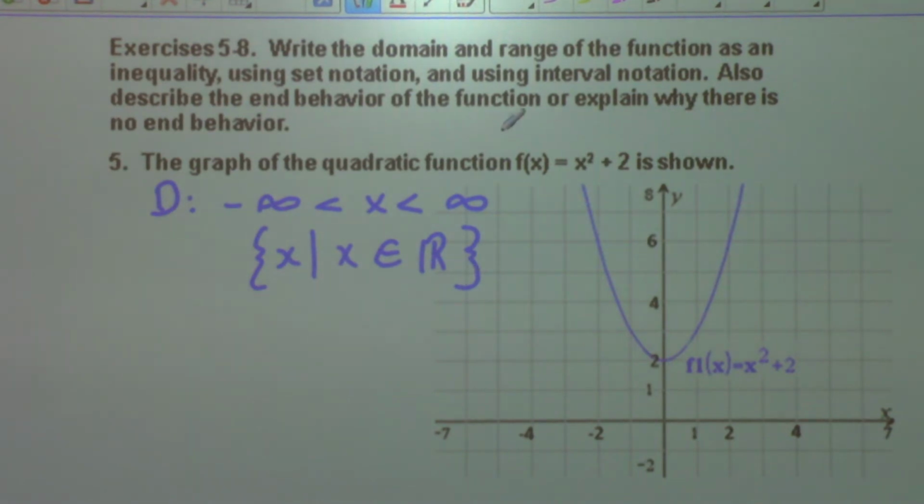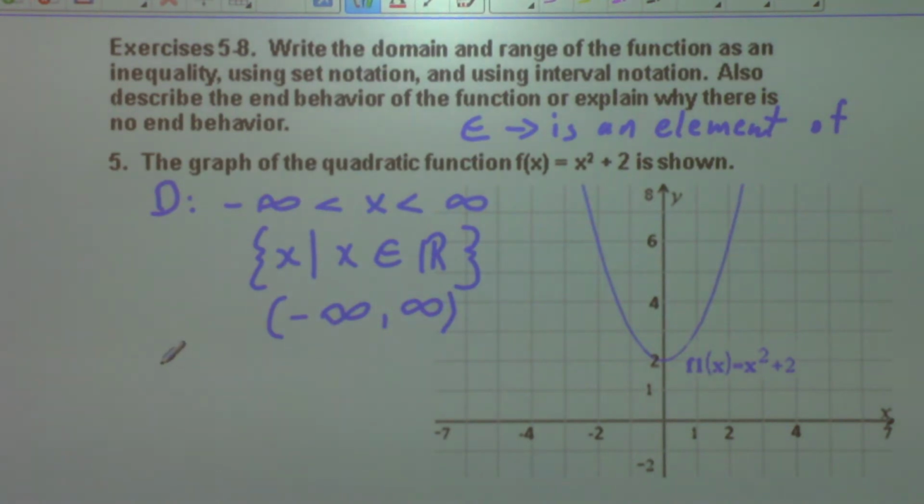Okay, this little sideways e is an abbreviation for is an element of. That's how we verbalize that one. So anyway, that's how we do that. And then finally, interval notation, we would just have it like this, right? And so there would be our domain, okay?